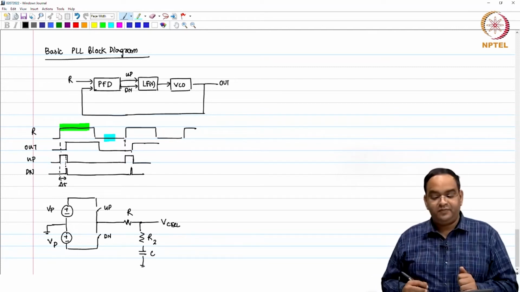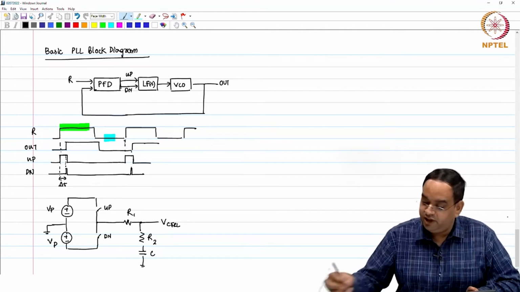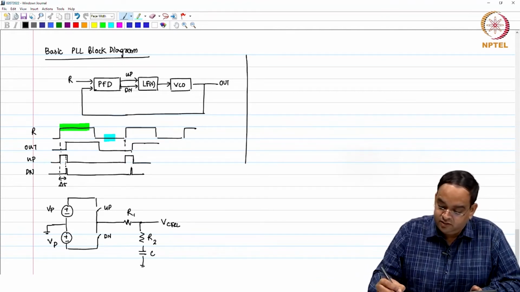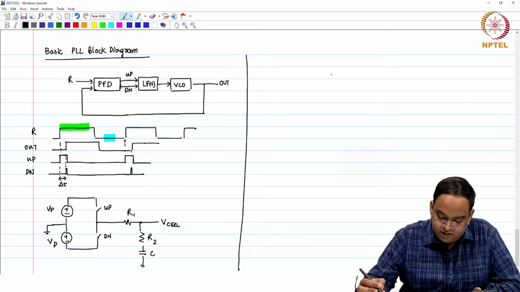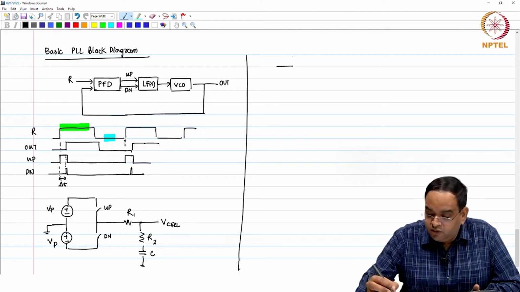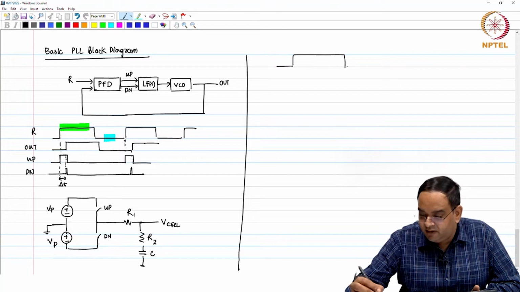VCTR. Okay. So, what is going to happen in this case? This is one option in which we can convert the up and down waveforms to voltages. Here I will just amplify the time during which up is high.